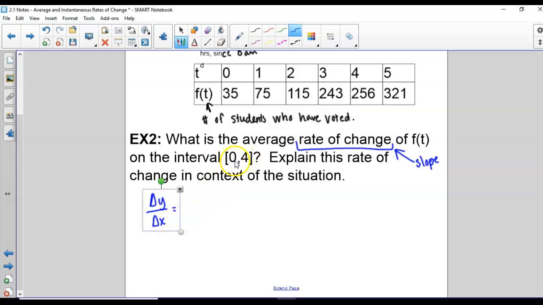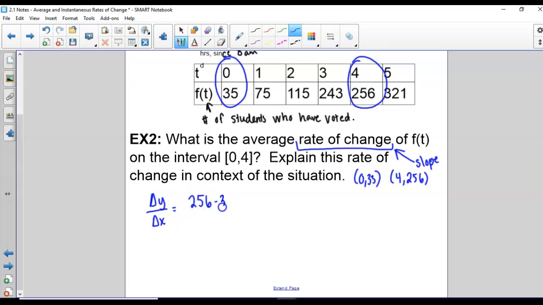And we're only looking on the interval from 0 to 4, so we really only care about these points right here on the graph. So if we want to find that slope, we've got the point (0, 35), and our other point is (4, 256).